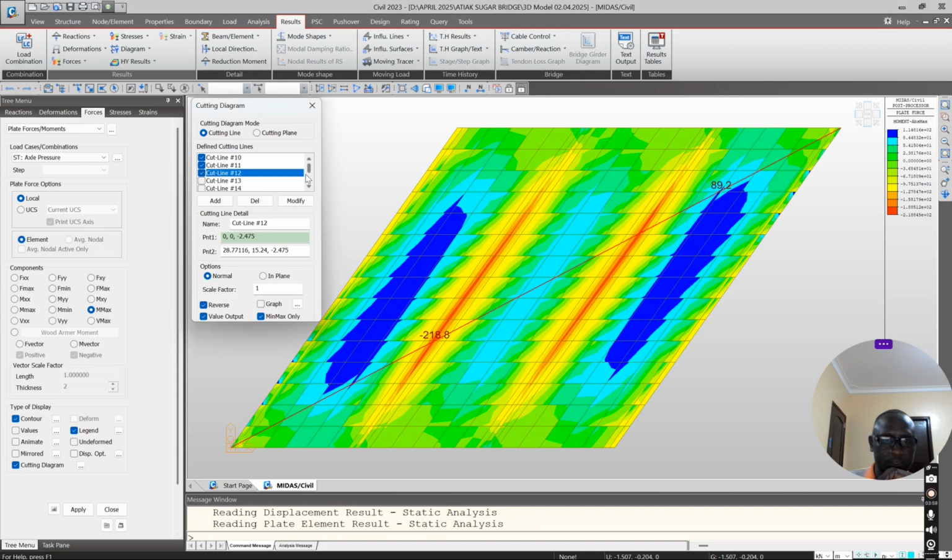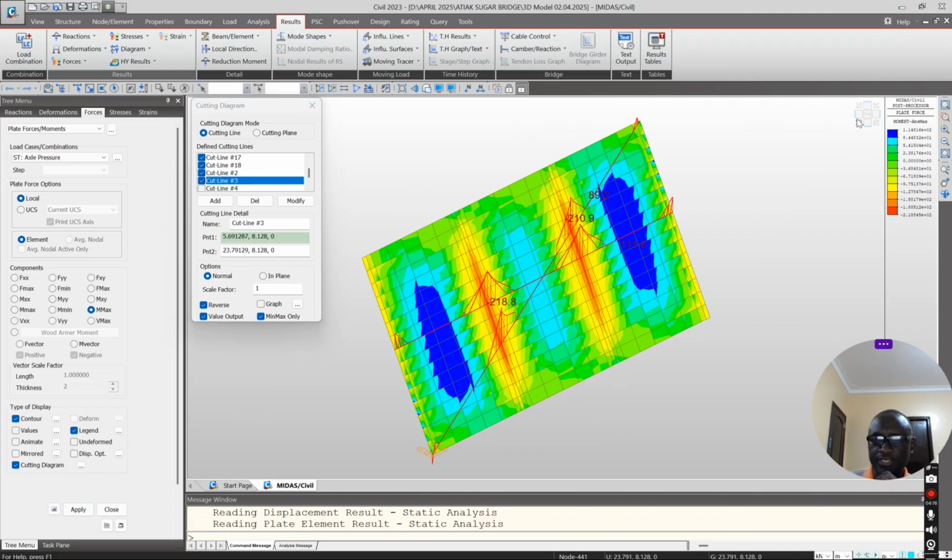Oh, so you find that I was trying to cut diagonal also, because I'm trying to compare and see the behavior. So this is a cut, that's the diagonal.